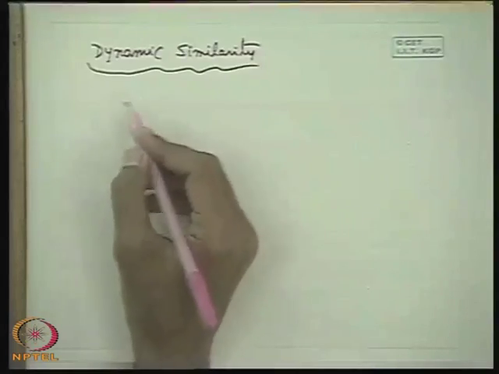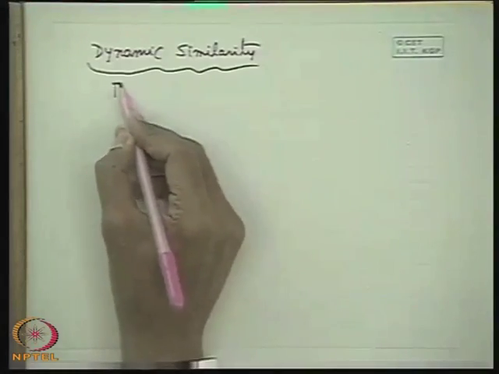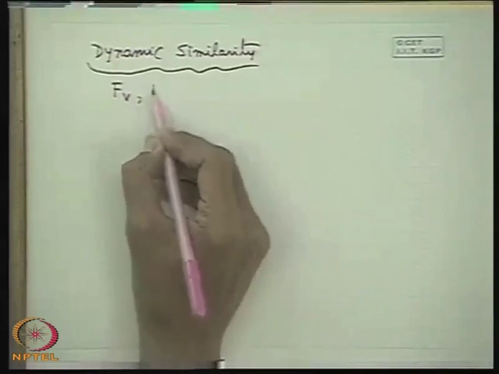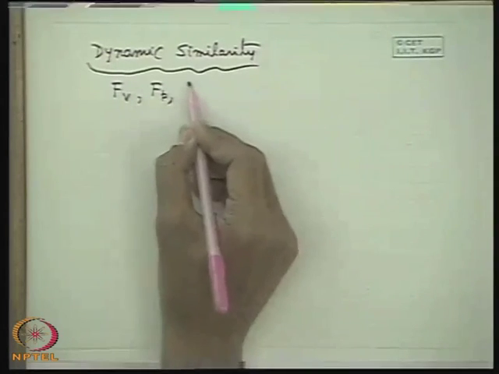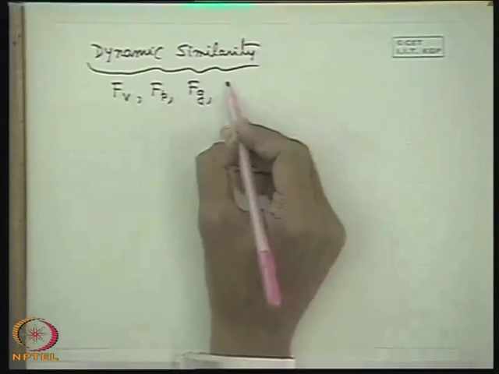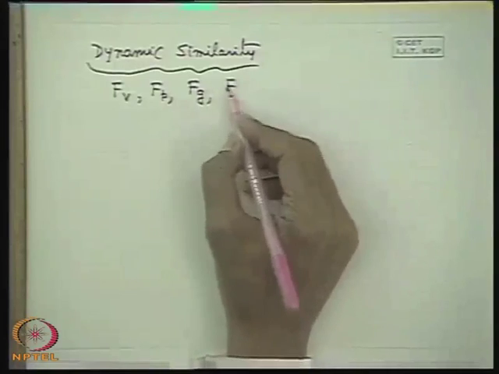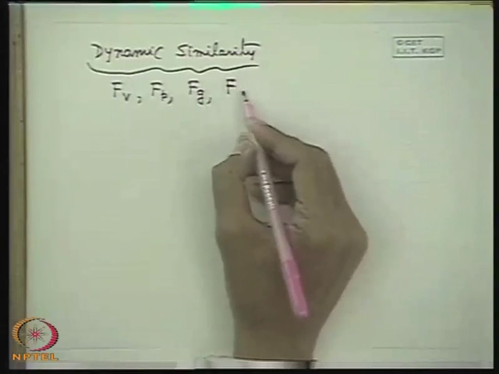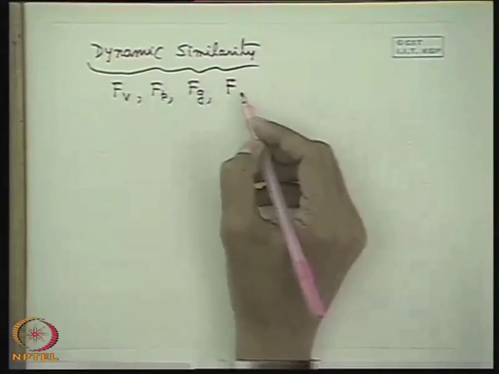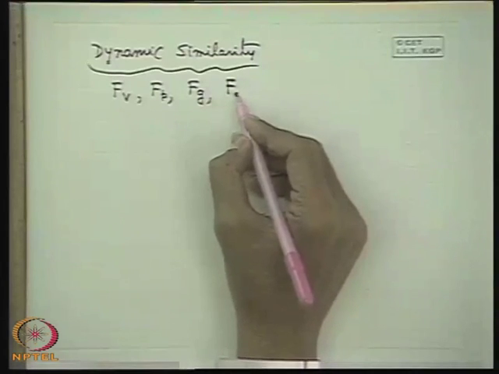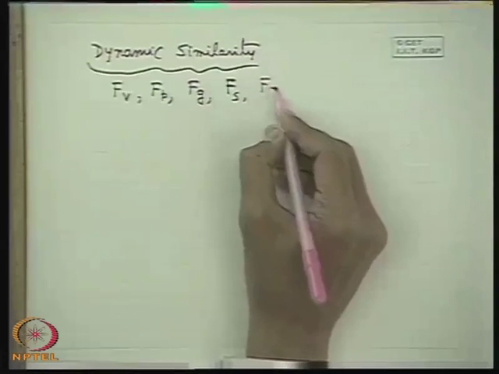Let us see. A fluid flow problem is generally influenced by viscous force, pressure force, gravity force. There are other forces we conventionally come across in fluid flow in practice, that is the surface tension force and elastic force.